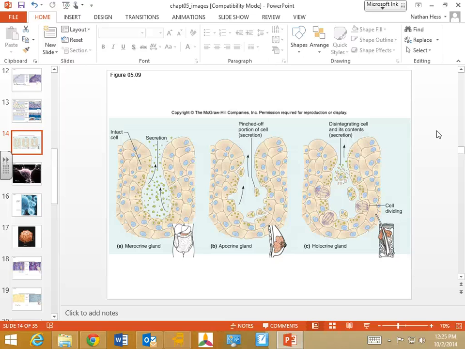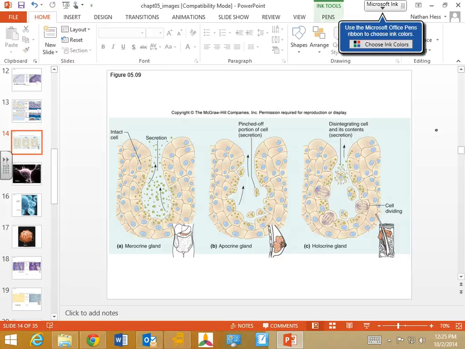Okay. This diagram here has a number of different pieces to it, so I'm going to spend a little bit of time here. Where are we in your textbook? What page is this? Page 101. Okay. You have three different kinds of these glands. First of all, what is a gland?